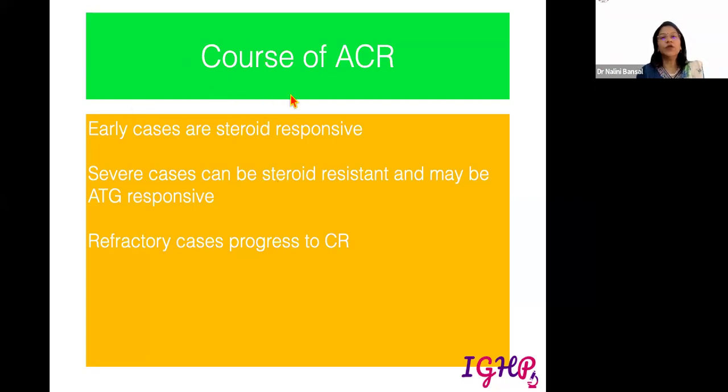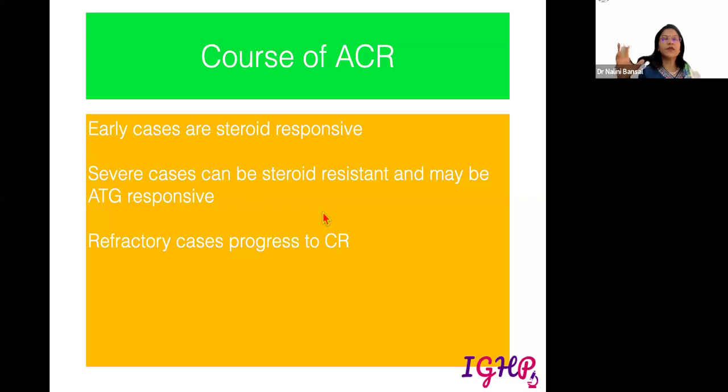Now coming to the course of this ACR. Early cases are steroid responsive. So if we have early cases of acute cellular rejection, you can give steroid therapy and they can respond to that. The severe cases, especially if there is an RAI of 7 to 9, may be steroid resistant.